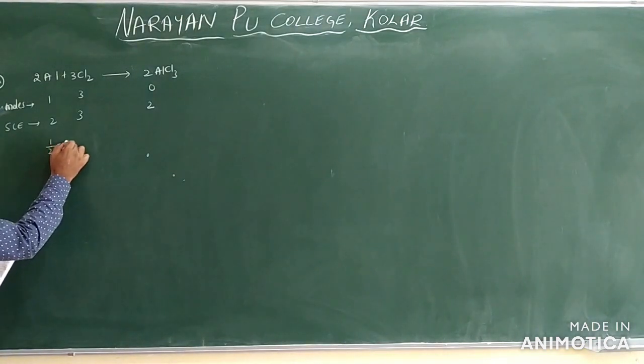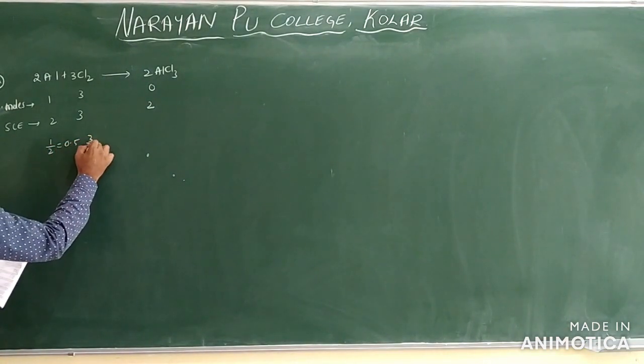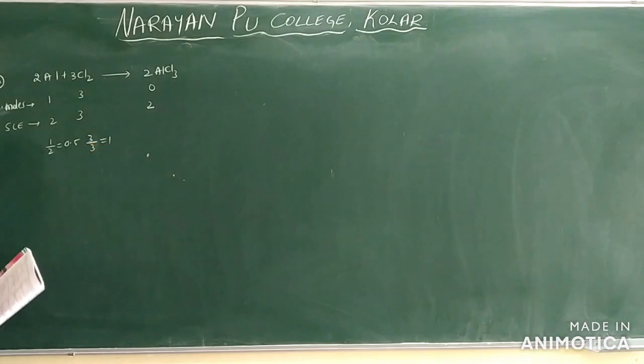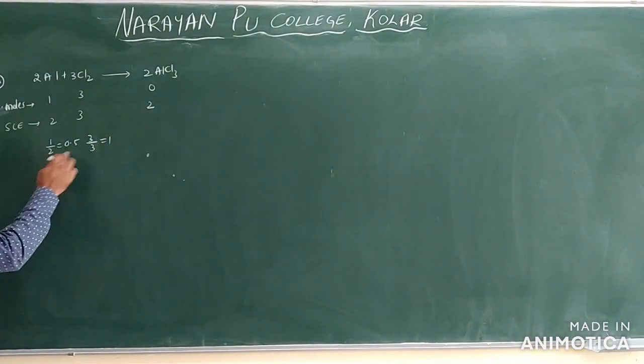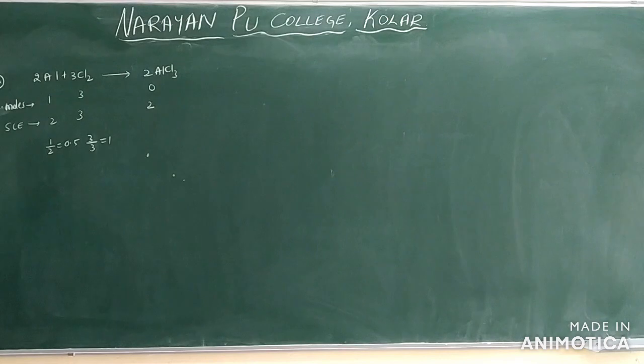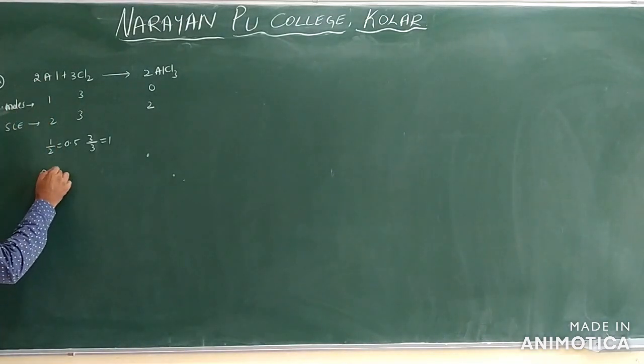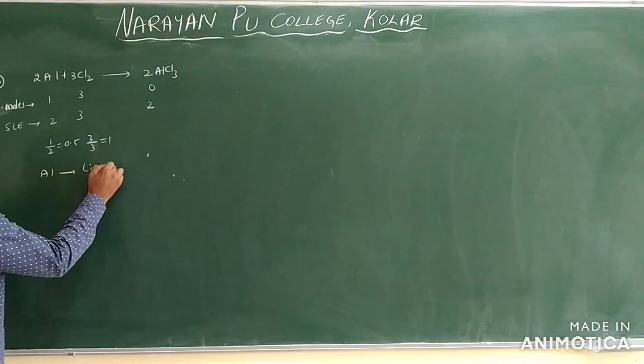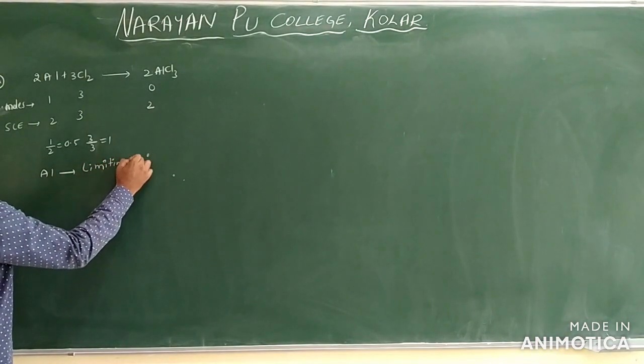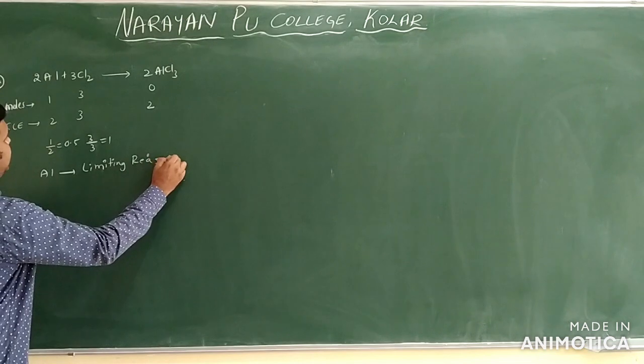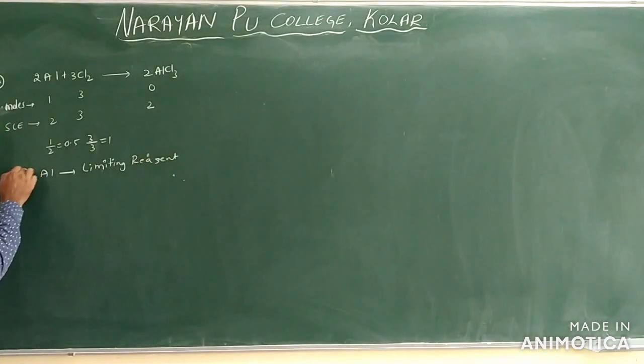Here 1 by 2 is equal to 0.5, and 3 by 3 is equal to 1. Among 0.5 and 1, the least value is 0.5, which is coming from aluminum. So aluminum is the limiting reagent.